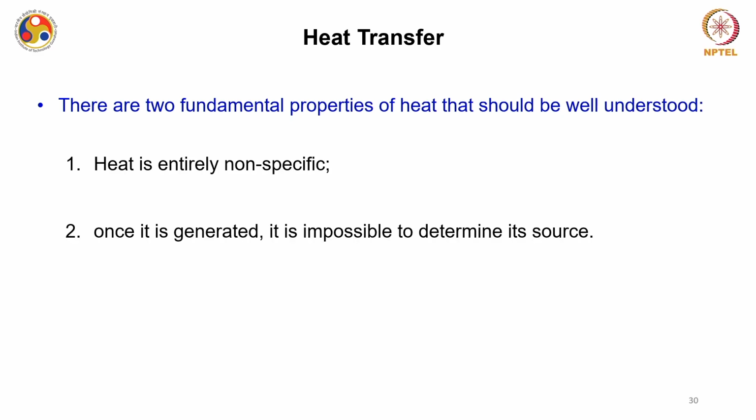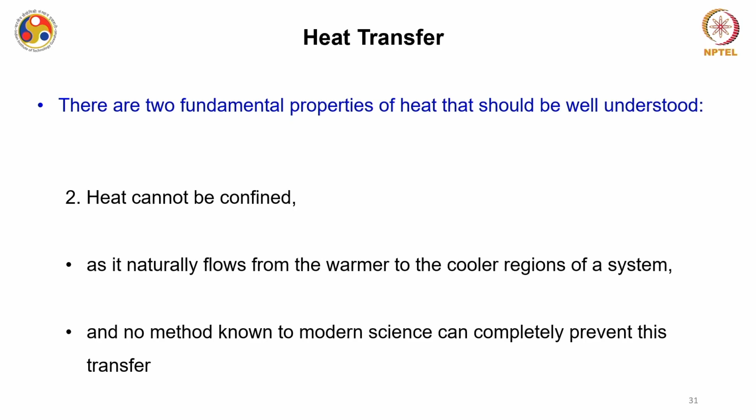Heat cannot be confined, as it naturally flows from the warmer body to the cooler region of a system, and no method is known to modern science that can completely prevent this transfer of heat from a warmer object to a colder object.